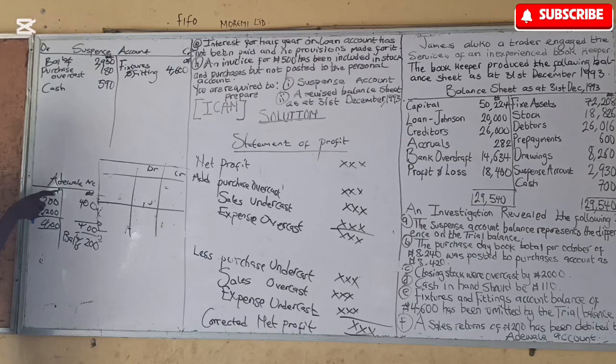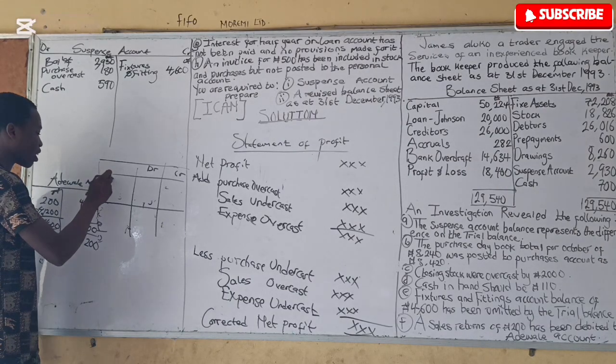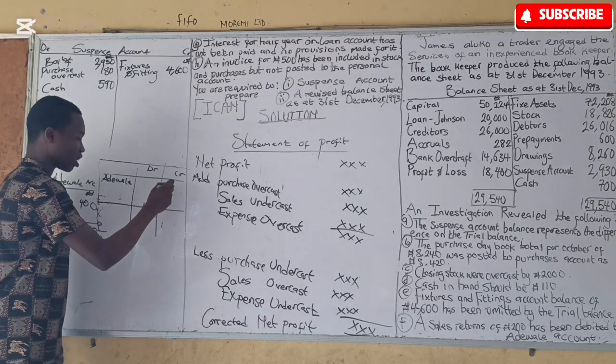You can see that the 200 naira at the debit side has been corrected. It is now in the credit side, right? We multiplied the amount by 2 and recorded it in the credit side of Adewale account. So your debit is going to be what? Adewale account. You are going to credit it 400 naira.